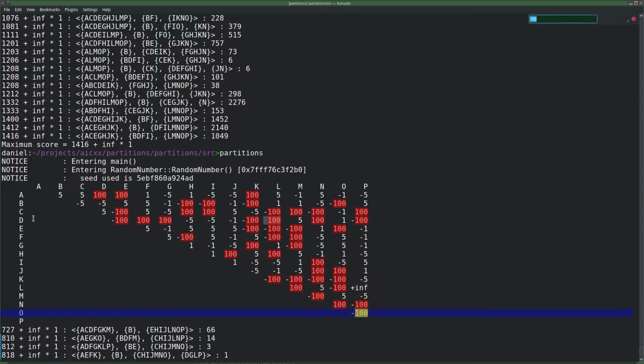And then G has a 100 score with D. And DK is -100, so that's kind of a no, not interested. There'll be some kind of algorithm, I think, to find clustered elements.